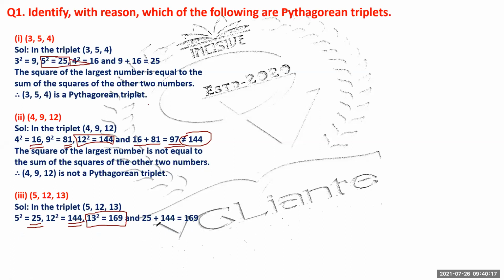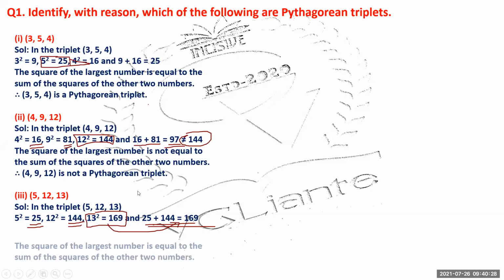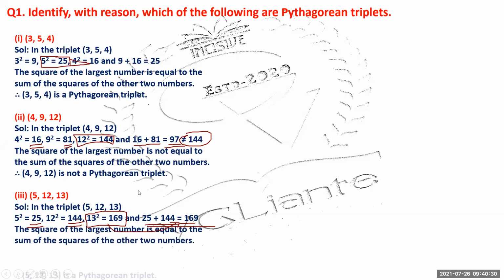So that equals what? 169, which is the square of 13. So 5, 12, and 13 form a Pythagorean triplet.